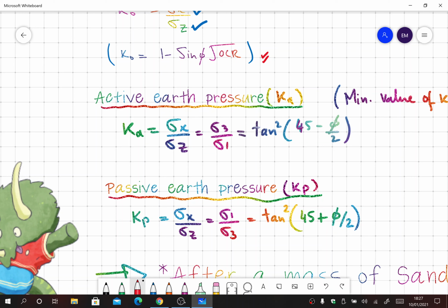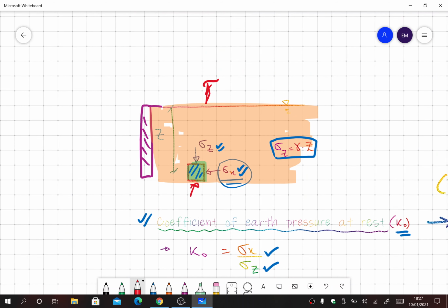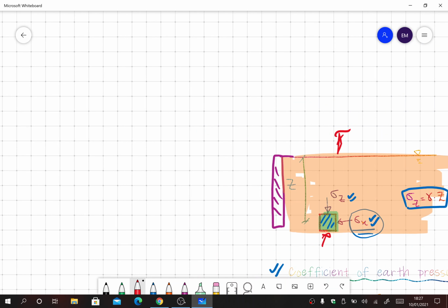But this time the major principal stress is the horizontal stress and the minor is the vertical stress, that is equal to gamma z. So now let's have a look at this. We just learned that K naught is equal to sigma x over sigma z. If we talk about this element here, sigma x is the horizontal stress and sigma z is the vertical stress.